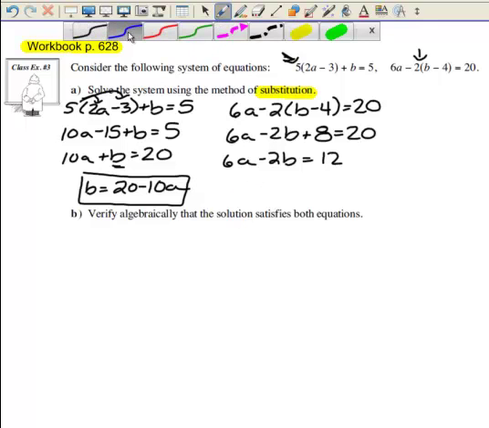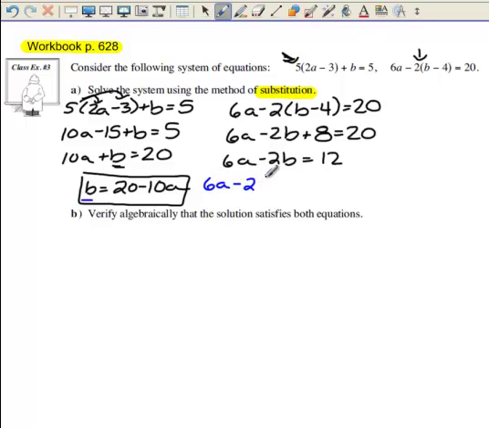Now I'm just going to grab a different color here, and I'll make the substitution. Anywhere I see a b, I'm going to substitute this whole equation in. So 6a minus 2, and there's my whole equation, 20 minus 10a equals 12.